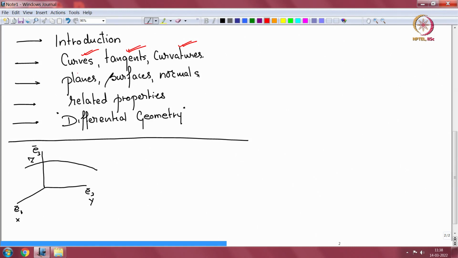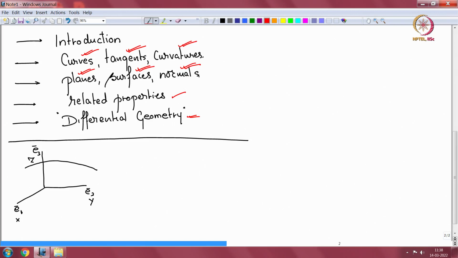Then we look at planes, we will look at surfaces, properties of surfaces, we look at normals, and how curves and their properties relate to surfaces and their properties. This topic actually is part of a much bigger and deeper course called differential geometry. So we will just skim through maybe the first 2-3 lectures.